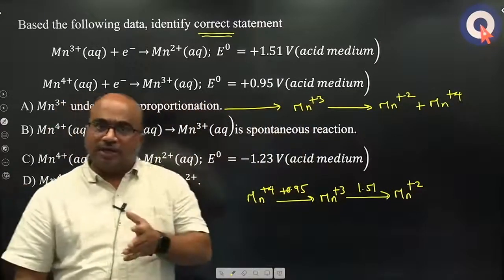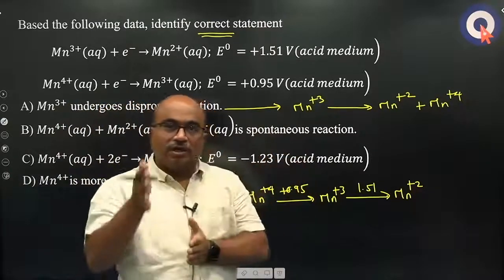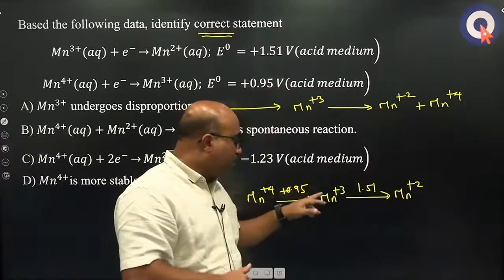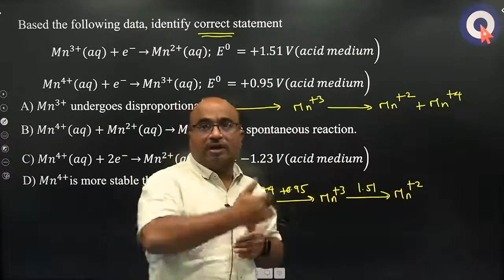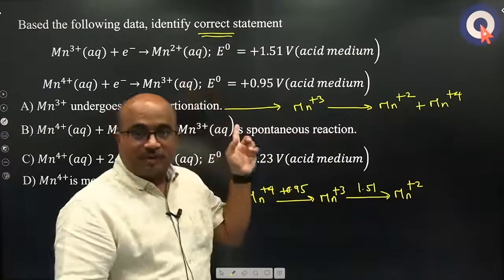And this is a simple condition you can remember. When the changes are the same, here plus 4 to plus 3 is 1 unit, then plus 3 to plus 2 is another 1 unit, like we already discussed in the previous example.